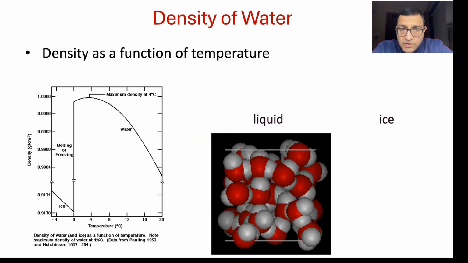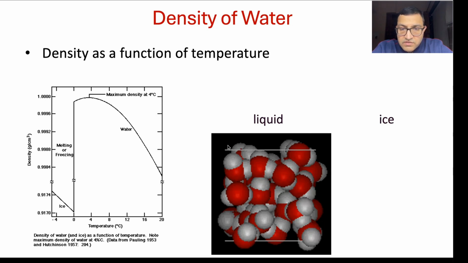Okay, density of water. This plot shows the density of water as a function of temperature. If you look at the x-axis, temperature at 20 degrees Celsius, as the temperature reduces, density starts to increase, which makes sense because as the temperature reduces, the thermal, kinetic motion of the molecules reduces, leading to a more compact structure.